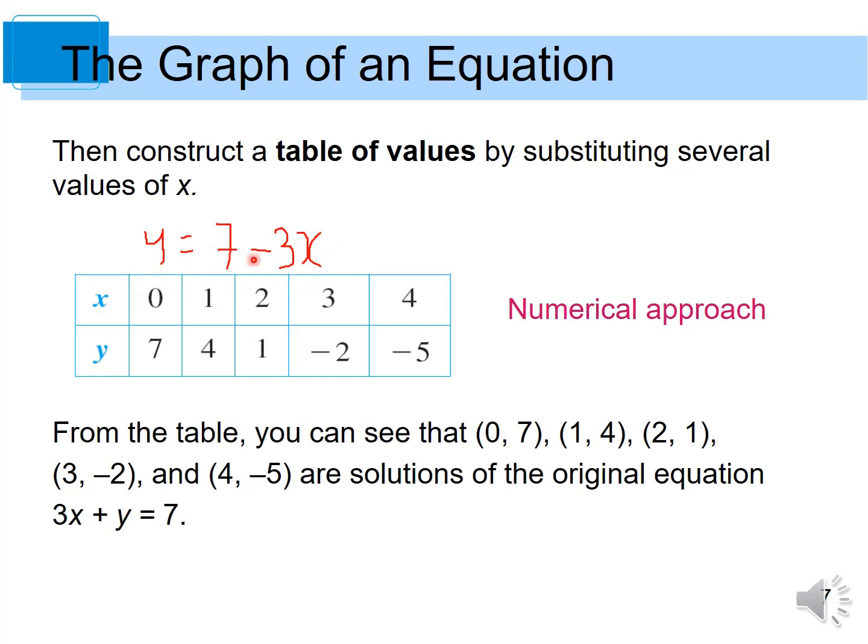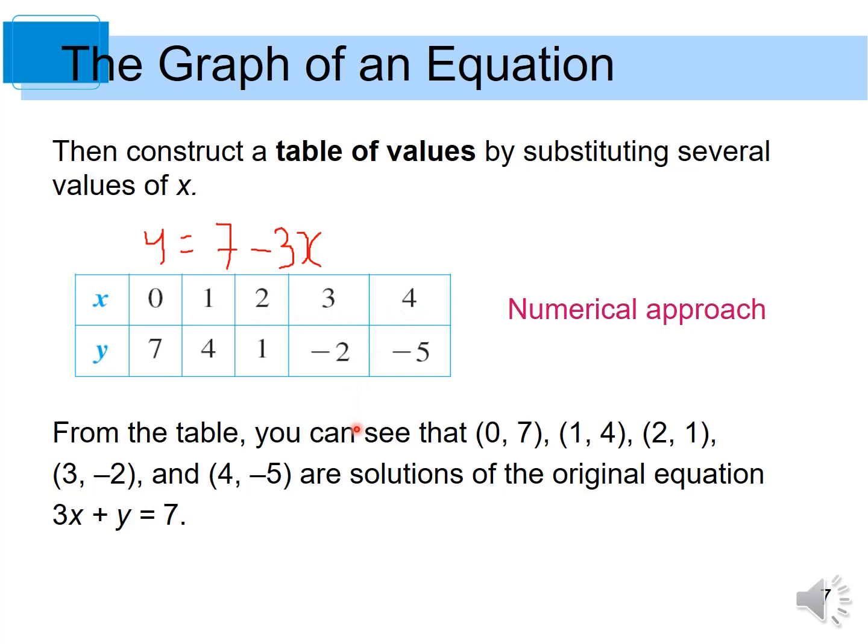So 7 minus 0 equals 7. For the second value of x, substitute 1 into the x variable. 7 minus 3, so 4. And you calculate the value of y according to the value of x: 2, 3, 4.